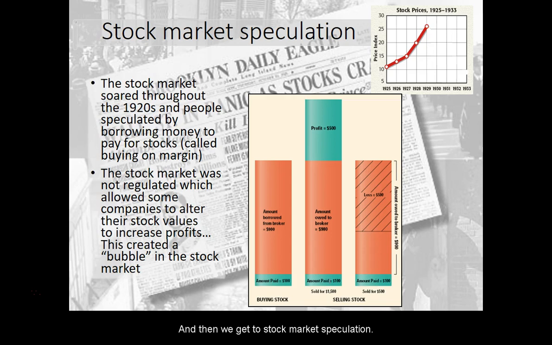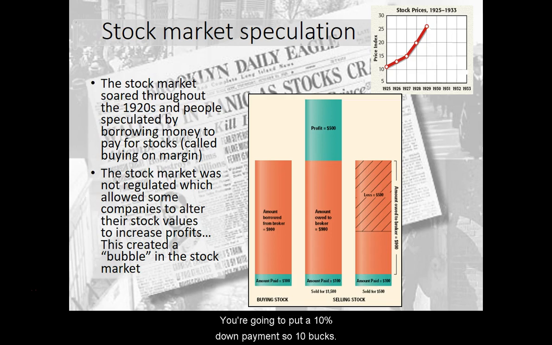And then we get to stock market speculation. The stock market soars throughout the 20s, and people speculated by essentially using credit to buy stocks, borrowing money to pay for stocks. And this is called buying on margin. So let's say you buy $100 in stocks.